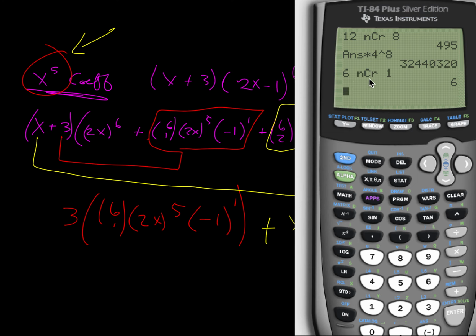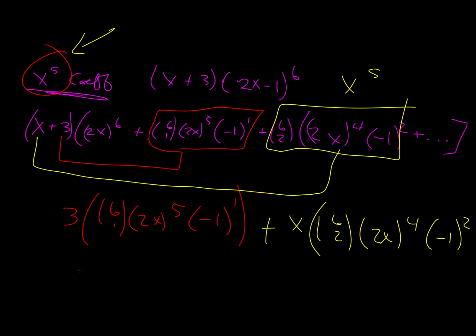So if we do a combination and it's 6, 7, 8, 9, anything, and then the second number is 1, it's always going to be that first number. So 3 times 6 times 2 to the 5th times -1. Now I'm purposely leaving out the x because they just want the coefficients.